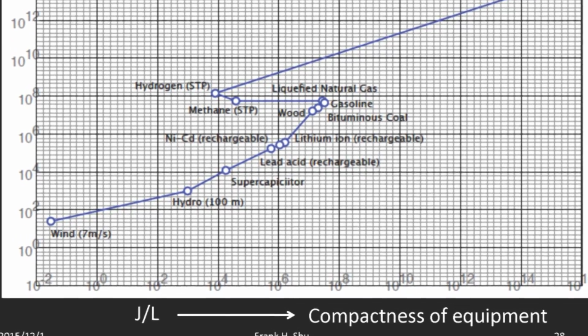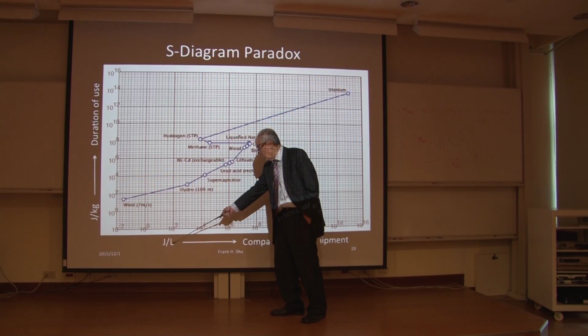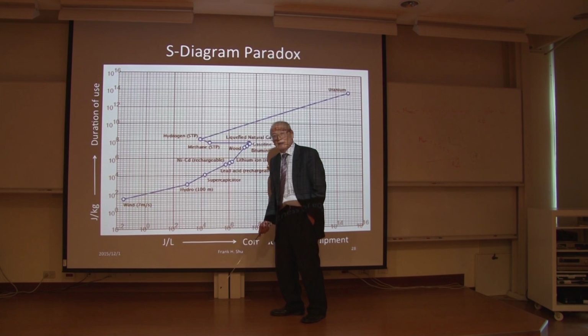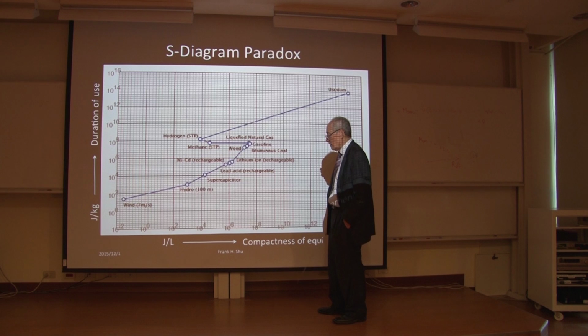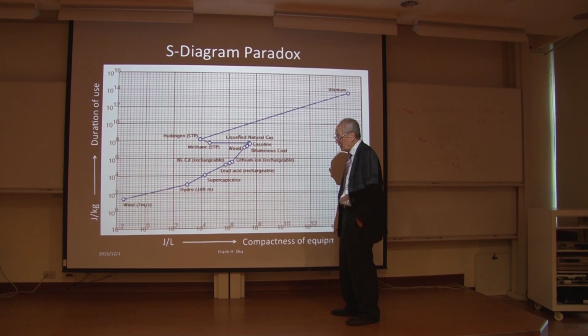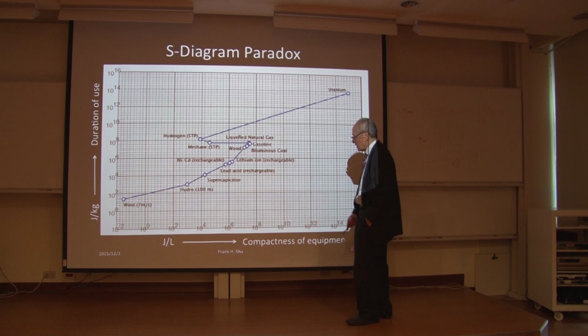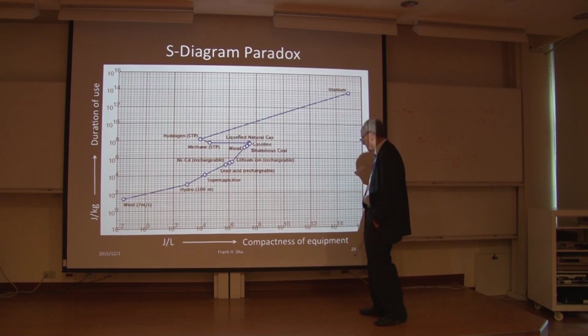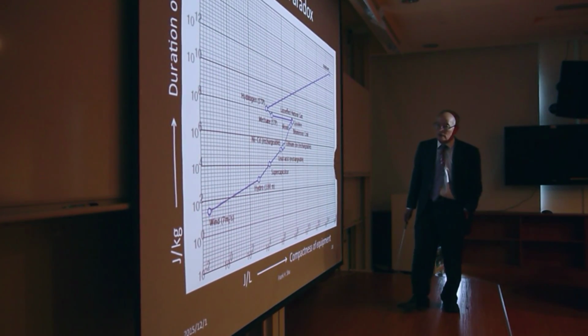So this is a typical astronomy diagram because the interesting thing here is the quantity on the bottom. The more that you need to pack, the less compact is the equipment. So compactness of the equipment is over here. So it's good to have compact equipment because it costs less, so you want to be over to the right.